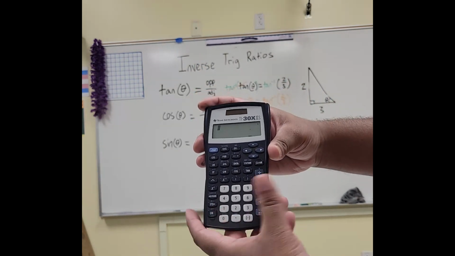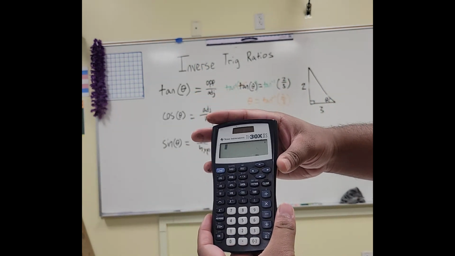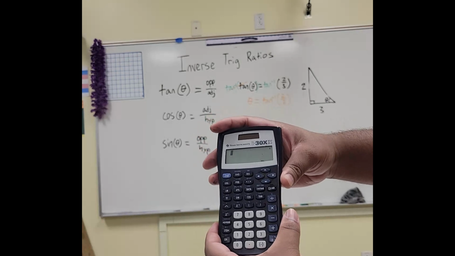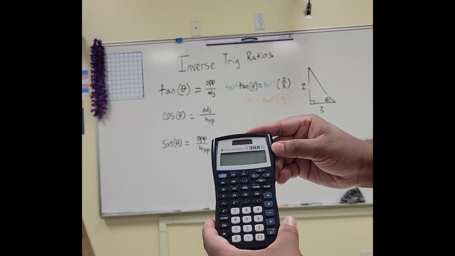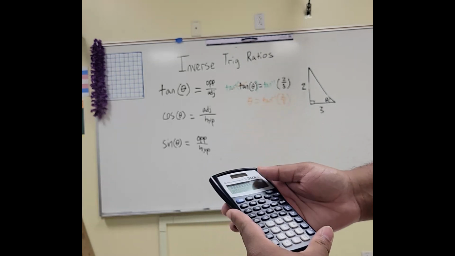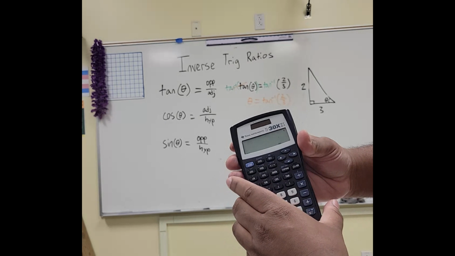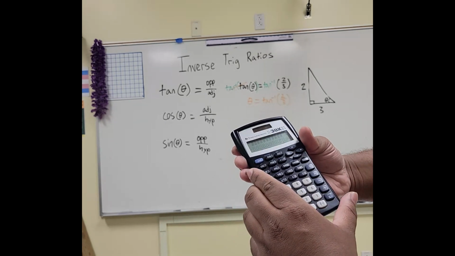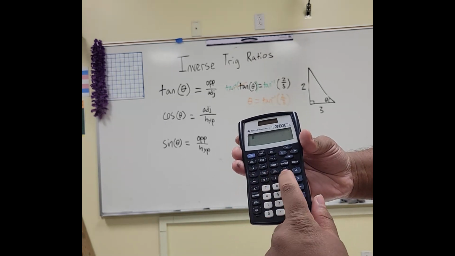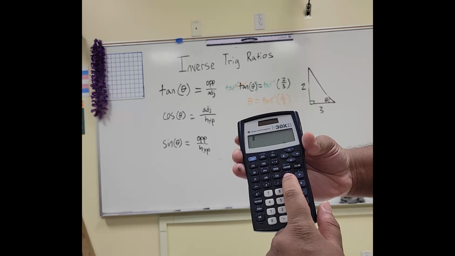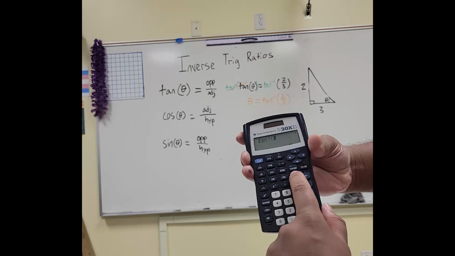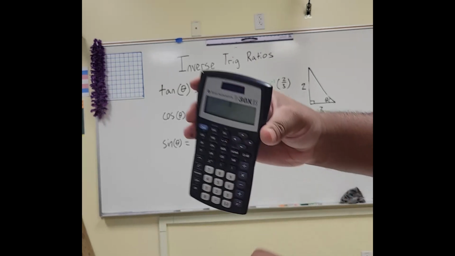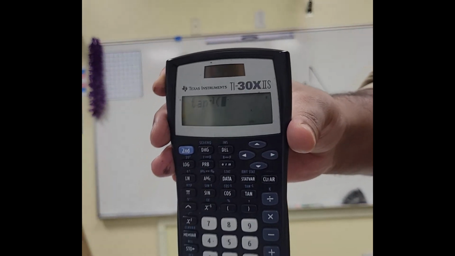Usually with these scientific calculators, they'll have a bunch of little numbers and stuff at the top of some buttons. So obviously turn it on. You're going to press second, and then you're going to look for the tangent button, because typically right above the tangent button is inverse tangent. And you're going to press that, and you're going to get inverse tangent. Hopefully that can be seen on the camera.